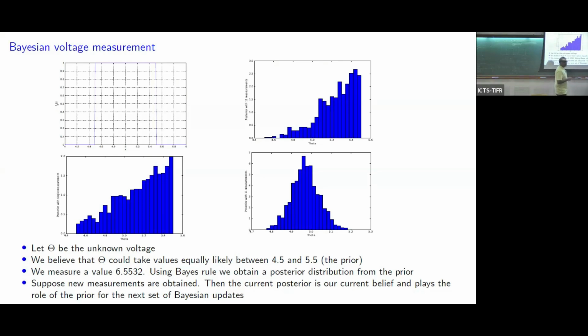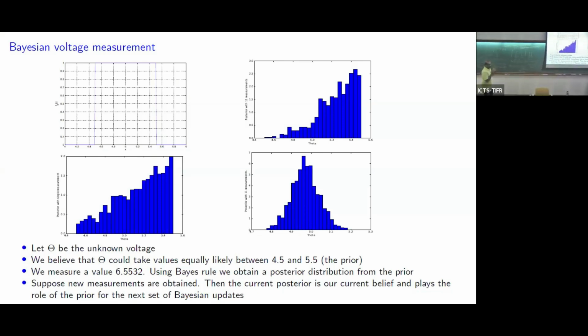This is a Bayesian interval estimate for my voltage. It is a high probability interval in which I believe my actual value lies. This is much easier to interpret compared with the usual confidence interval.